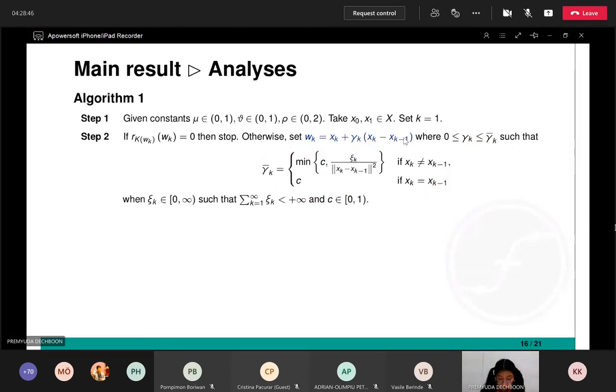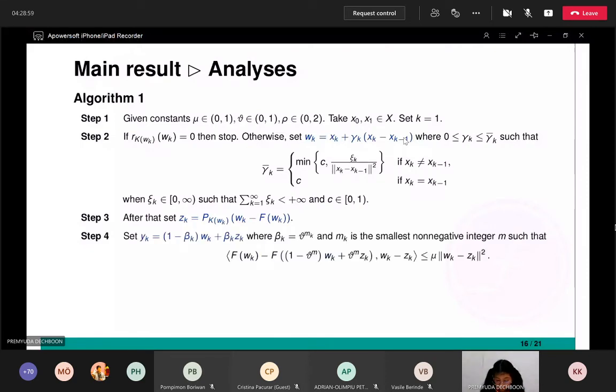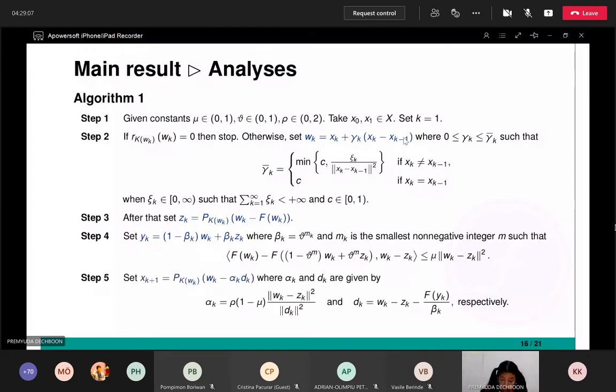After that, we consider Ck, the projection of wk minus F of wk, and then we take y equal to this one with this line search. And then we get xk plus 1 from this one, and we do it again and stop when the error is less than some value.